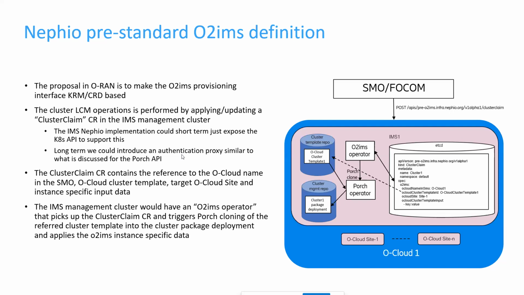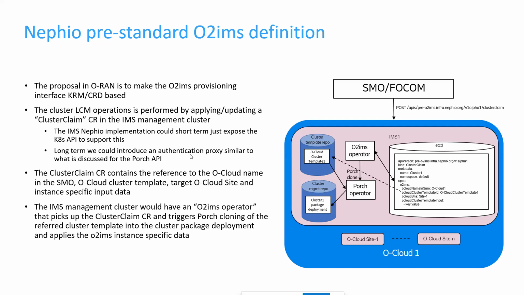We need to discuss what that would be then, if we should have some more proper RBAC authentication based support, not necessarily just using the Kubernetes authentication. And I know this has been discussed also for the Porch API.